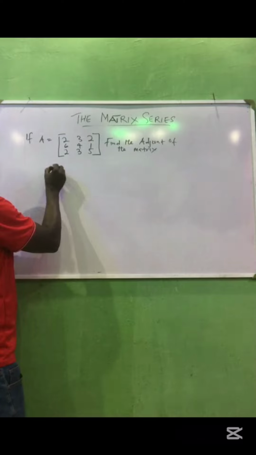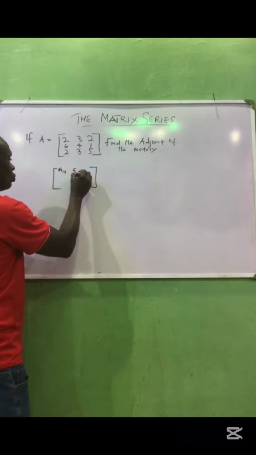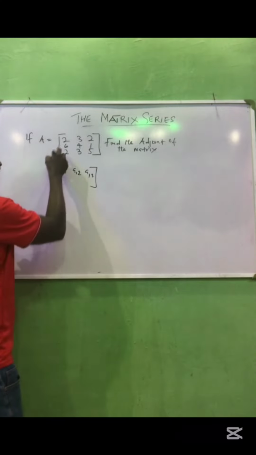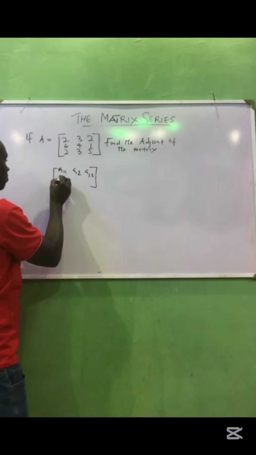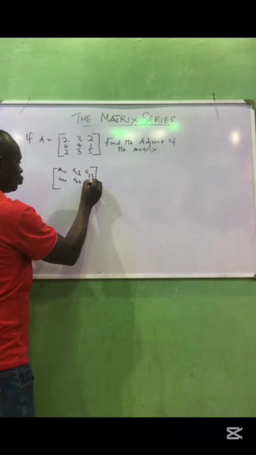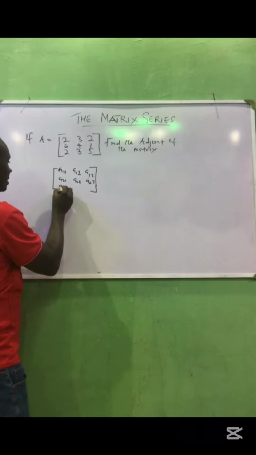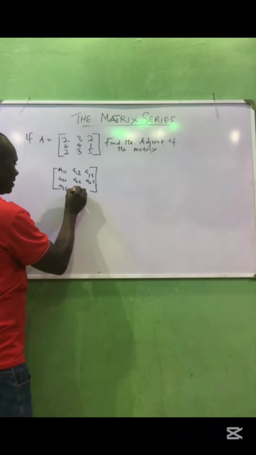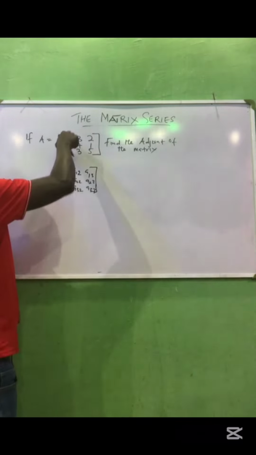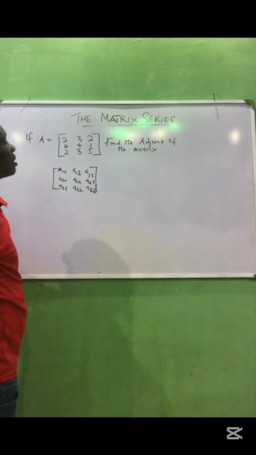So we can label each element of this matrix: A11, A12, A13, then this will become A21, A22, A23, then finally, this will become A31, A32, A33. Okay, so A11 is the first element here, A12 is the second element, and so on and so forth.